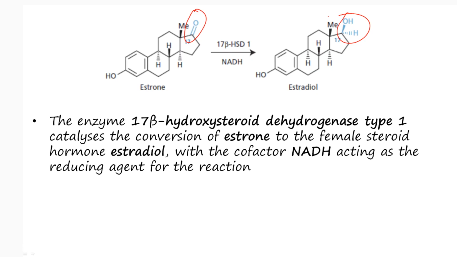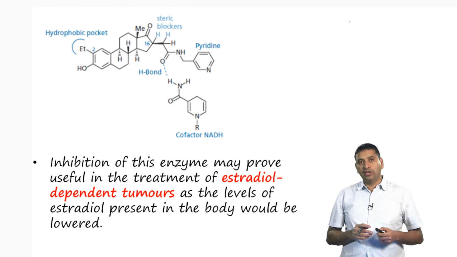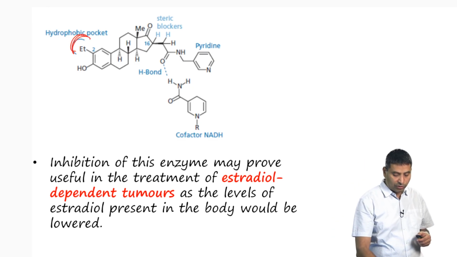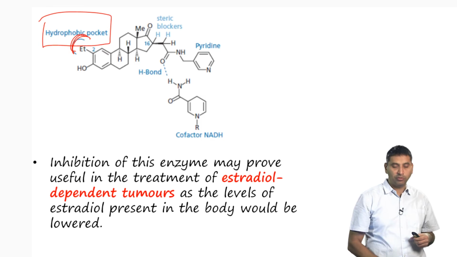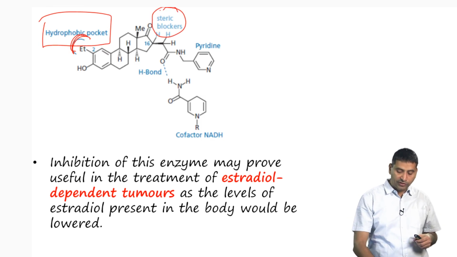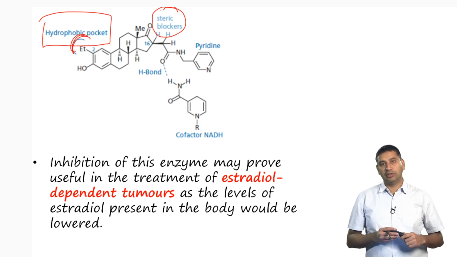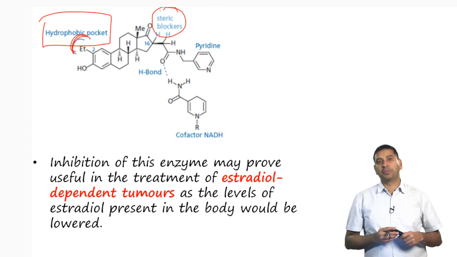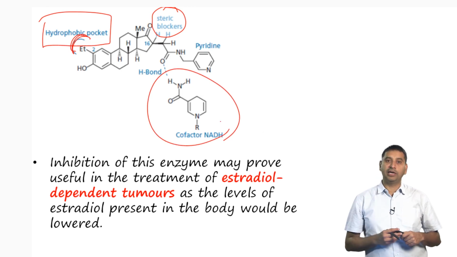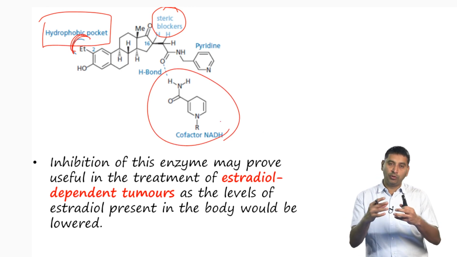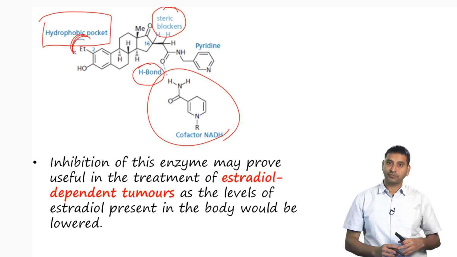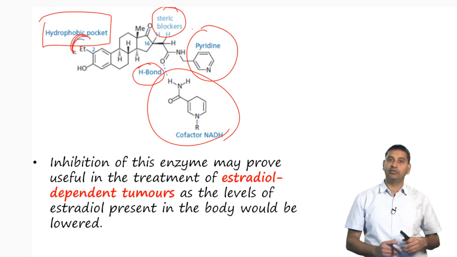Now, what we could do in this extension strategy is to add a group which is going to bind to a hydrophobic pocket which is present in the enzyme, and you can also add what are known as steric blockers, that is, you add an extra methyl group, which we have already looked at. Since we know that the cofactor is bound to the cofactor binding region, you can position the group such that you have an extra hydrogen bonding capability, and you also have a pyridine ring which is present.